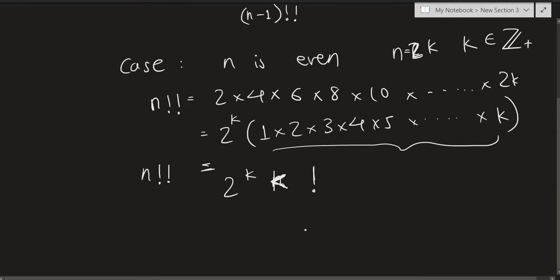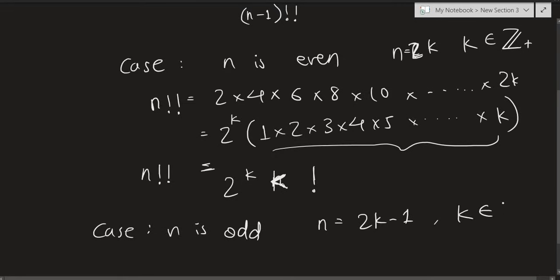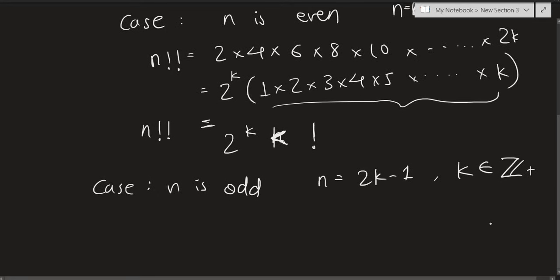Let's look at the odd case now. So now the case where n is odd. So basically n is of the form 2k minus 1, where k is some positive integer.